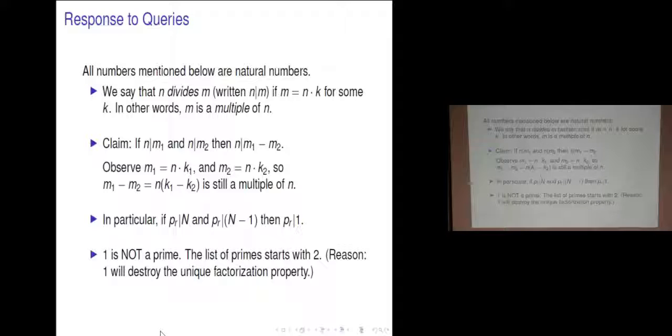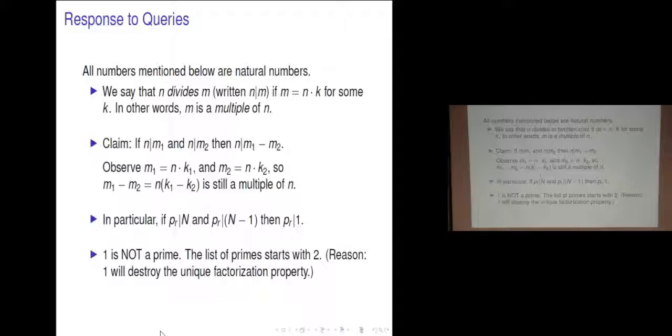Now, in this theorem, we want to have some kind of uniqueness. For example, 6, you can write as 2 times 3. At most, you can write 3 times 2, but no other ways. So in some sense, it's unique up to the order. Now, the power of the prime is also unique.